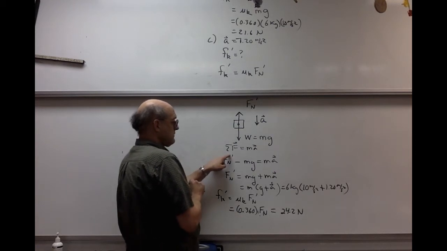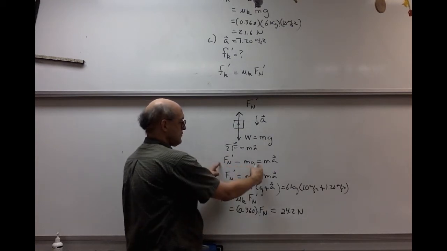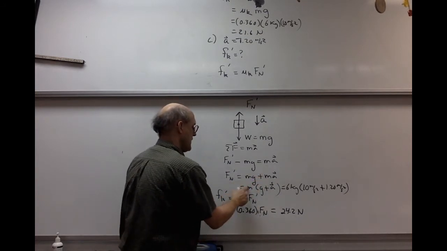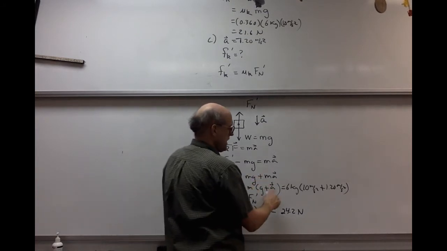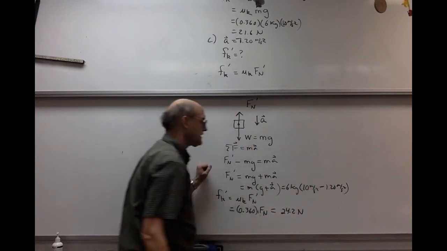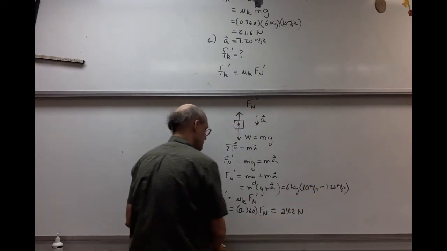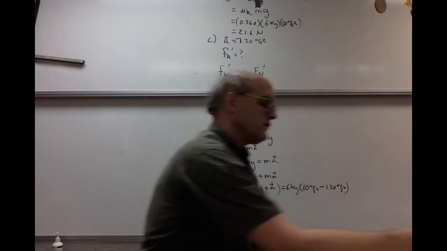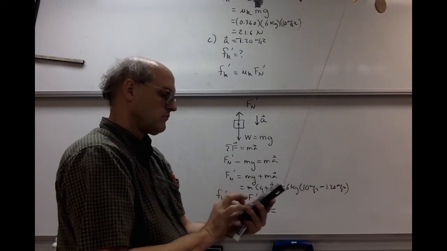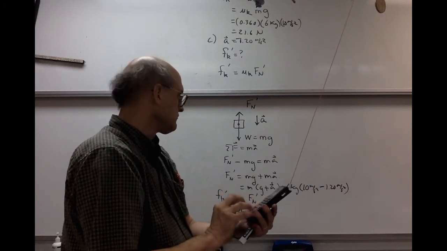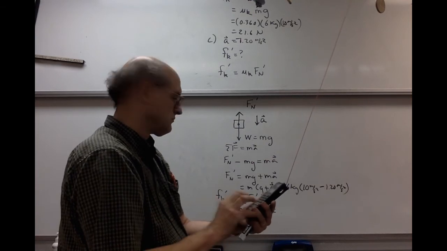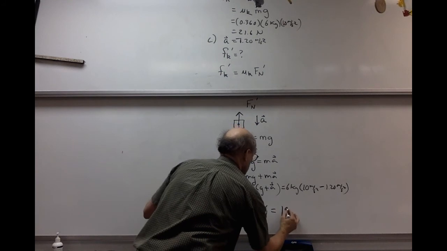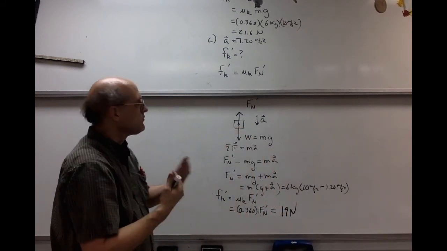So we have Fn prime minus mg, that's the net force, is equal to ma. So Fn prime is equal to mg plus ma, or m times the quantity g plus a. But now acceleration is downward, so we have minus 1.20 meters per second squared. Let's see what we get for the force of kinetic friction. 19 newtons, much less than what it was previously.